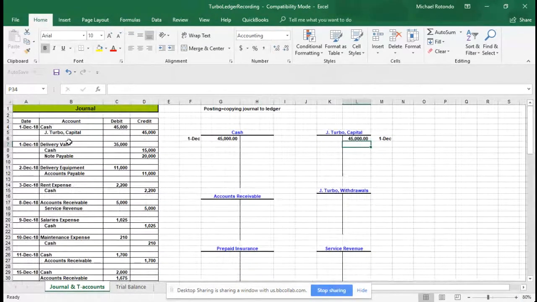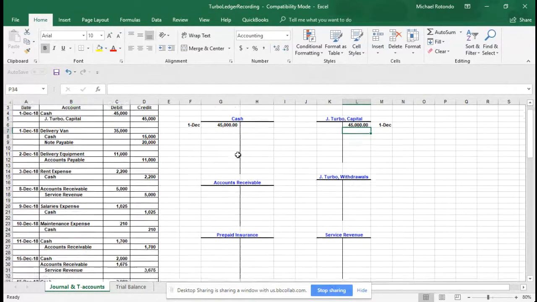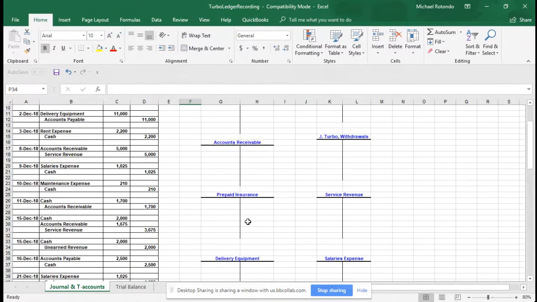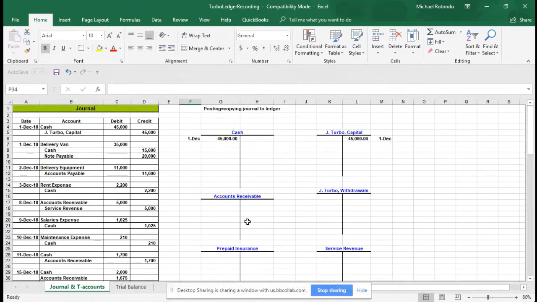Okay, so what we're going to do is just find the delivery van. We know it's December 1st for $35,000. You have to be very careful and pay very close attention to detail because it's very easy to make what's called a posting error here, which is essentially a clerical error.